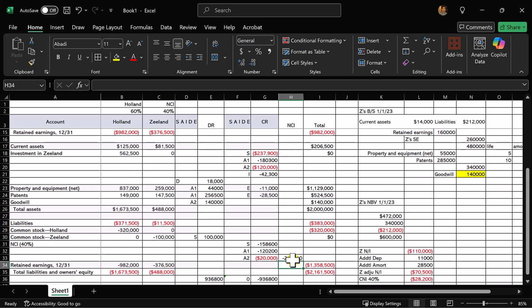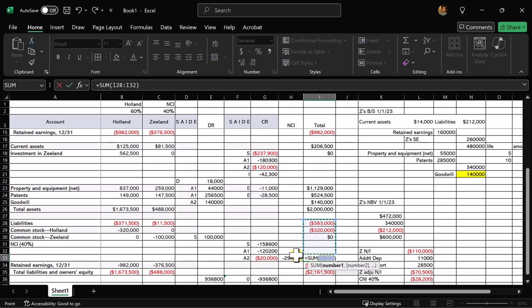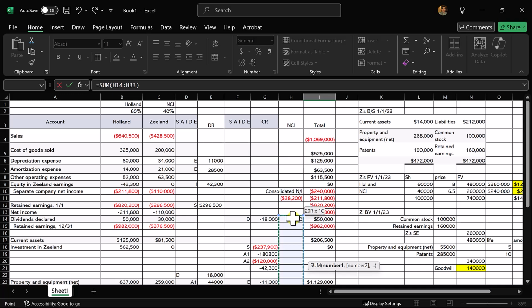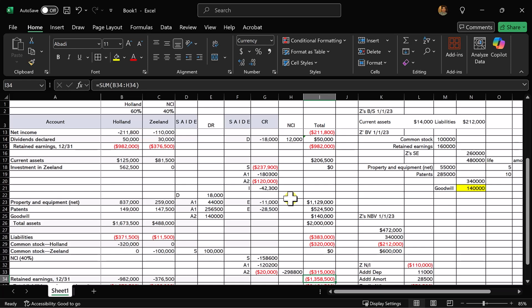And that total, I'm going to put here on the consolidation as a credit balance. Equal sum. And let me just add up all these three numbers. Total 315 is the 40% non-controlling interest in the equity of the whole consolidated group.